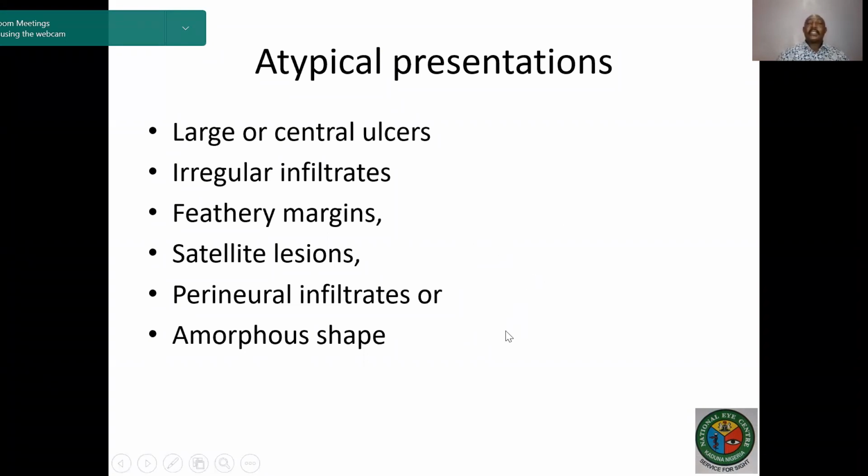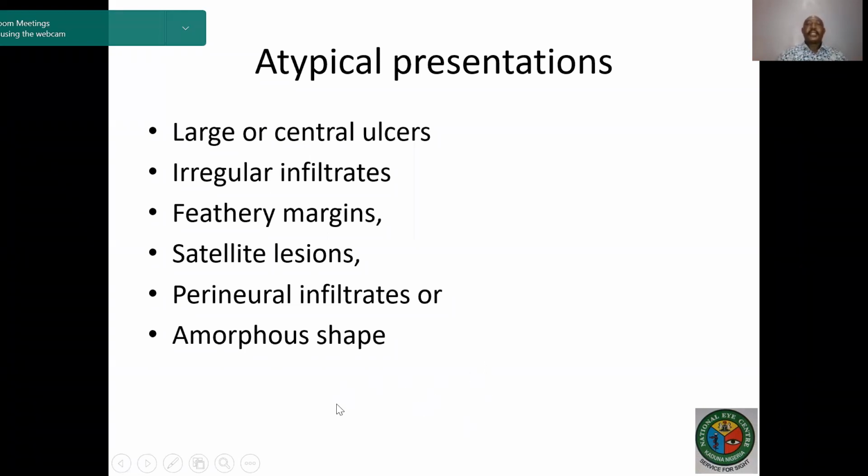When you have satellite lesions, several factors can be responsible. In an eye with multiple areas of trauma and focal infection, it will appear as if it is a satellite lesion. So all these are factors that we need to reevaluate and reconsider for proper diagnosis.